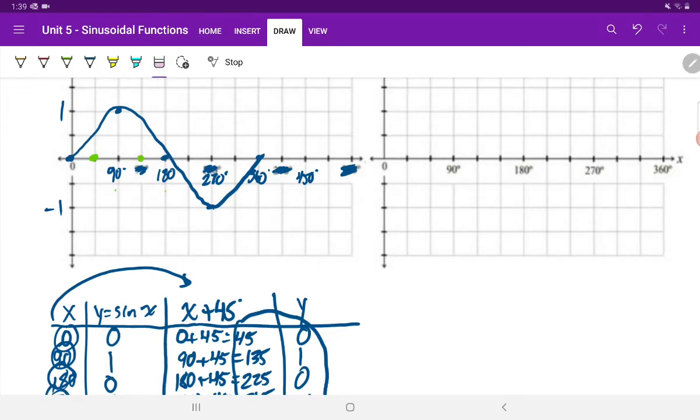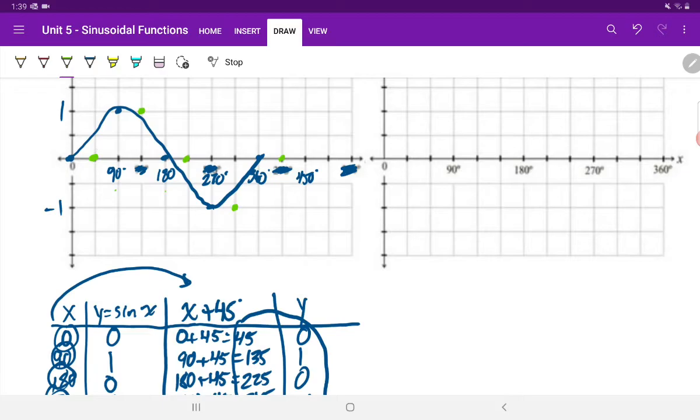Sorry, I shouldn't draw that there. Right there. So essentially everything's just going to move over one grid mark here, right? Our next point is 225 and 0, which is right there. Our next point is 315 and -1, which is right there. And our next point is 405 and 0.